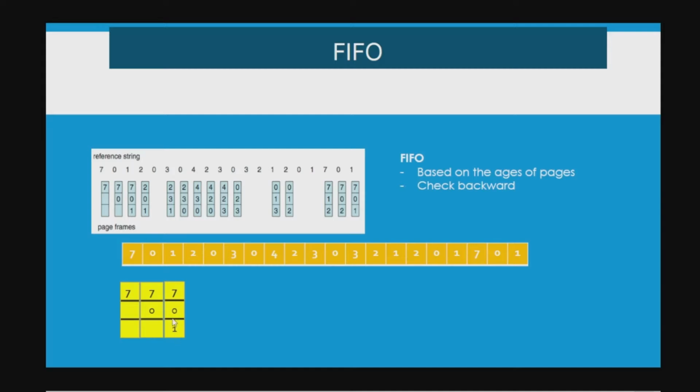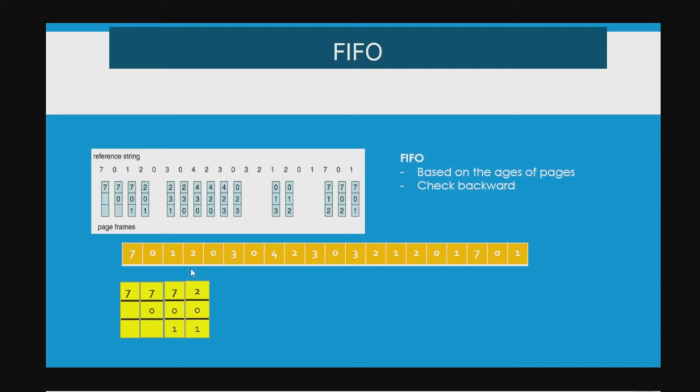If it is not a resident, you need to do the replacement, because this is a replacement algorithm. It is based on the age of pages, so you check for the longest one. Based on this, 7 is the longest, so you replace 7 with the value 2.